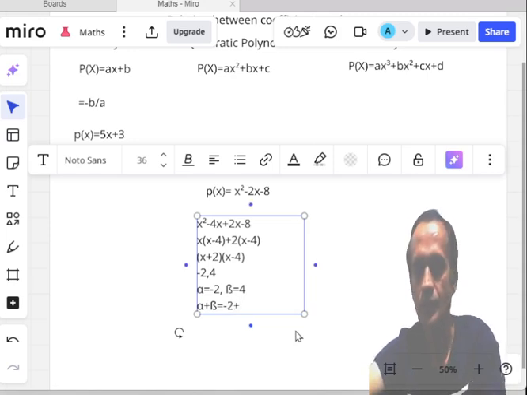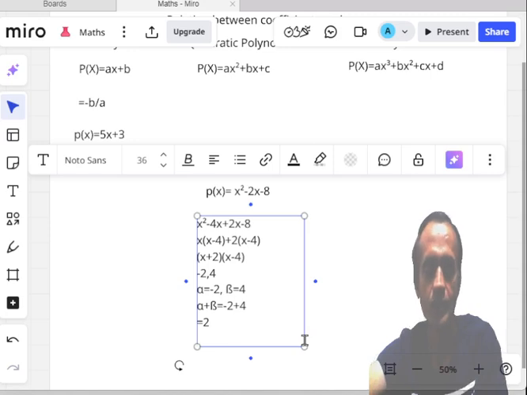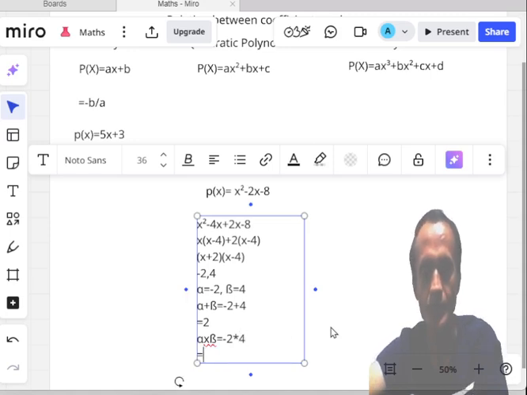Minus 2 plus 4 comes out to be 2. And if we multiply the two zeros, this is minus 2 multiplied by 4, the value is, sorry, minus 8.